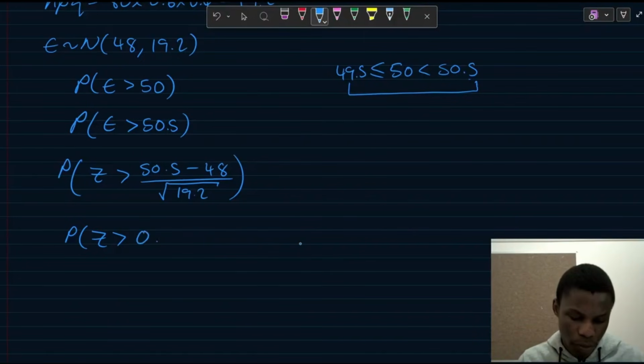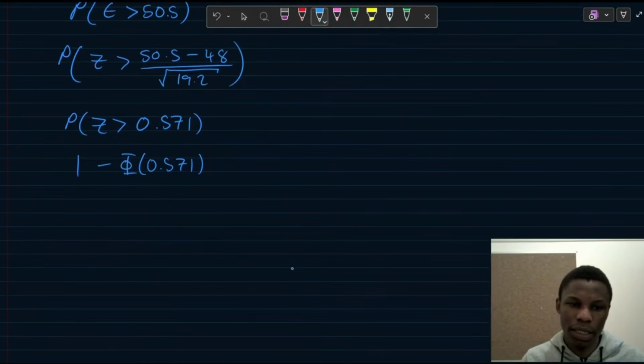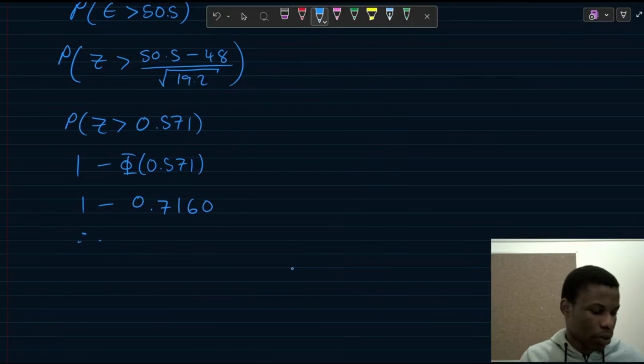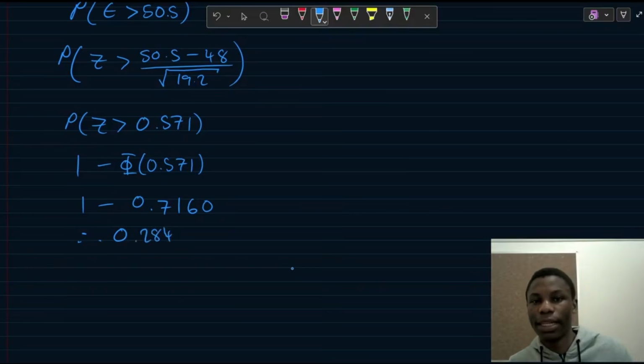And we get 0.571. And this we can write as 1 minus phi of 0.571. So that is 1 minus read of phi of 0.571 from the normal distribution tables. That's 0.7160. And so if we subtract this, we should get 0.284. And that is the final answer.